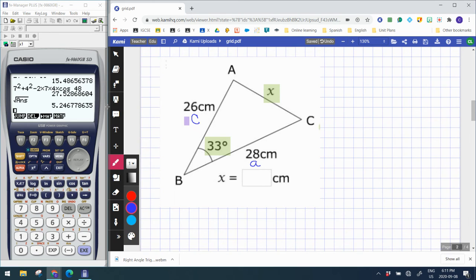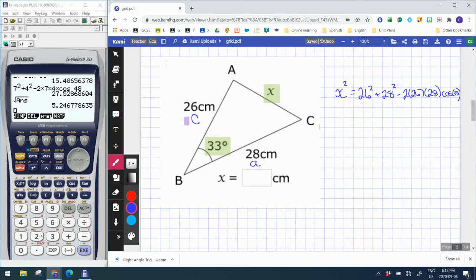So now I can say I am solving for b squared, which in our case is now x, equals 26 squared plus 28 squared minus 2 times 26 times 28 cos 33. Sorry, it got a little squished there.